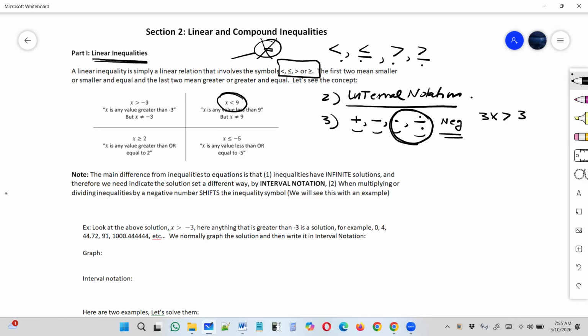okay, and I divide just by a positive number, that's okay, right? These two threes cancel just as before. The answer is still greater than 1. Now, if I had this, for example, we don't care about the negative here.